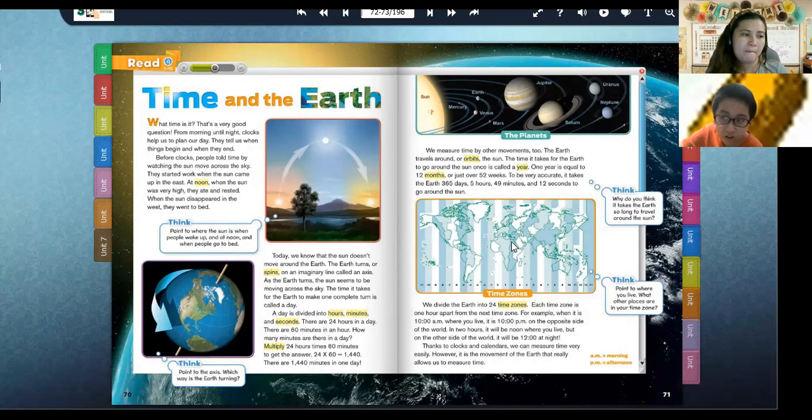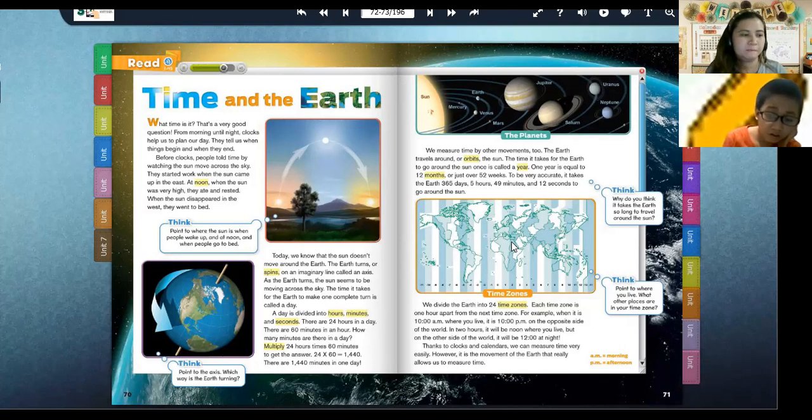We measure time by other movements too. The Earth travels around or orbits the Sun. The time it takes for the Earth to go around the Sun once is called a year. 1 year is equal to 12 months, or just over 52 weeks. To be very accurate, it takes the Earth 365 days, 5 hours, 49 minutes, and 12 seconds to go around the Sun. We divide the Earth into 24 time zones.